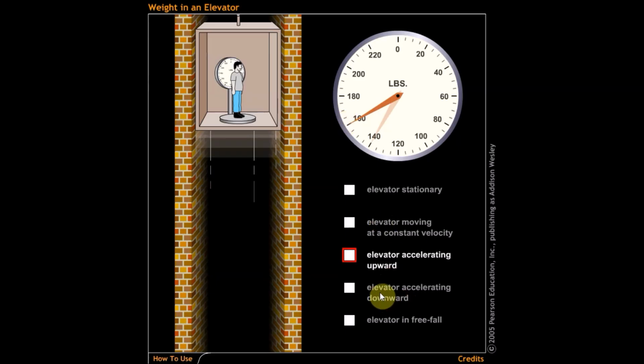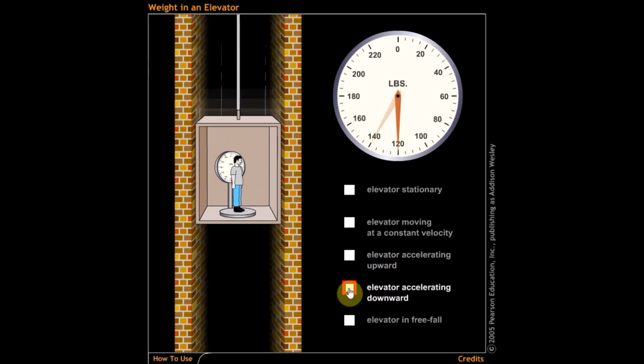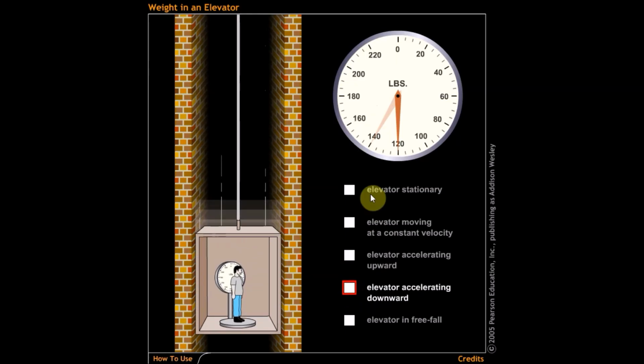Likewise, if he accelerates downwards, we should see a corresponding reduction in his apparent weight. So accelerating upwards, we saw a jump from 140 to 160. Accelerating downwards at the same rate, we'll see a reduction in the apparent weight on this scale of the equivalent 20 pounds, giving 120 pounds.